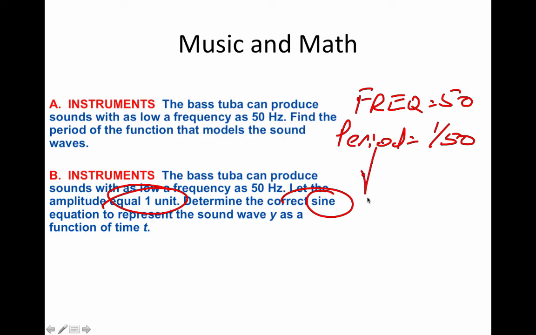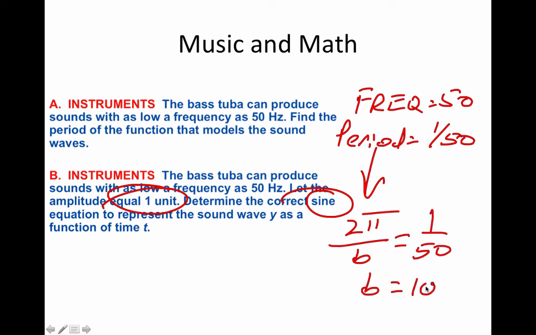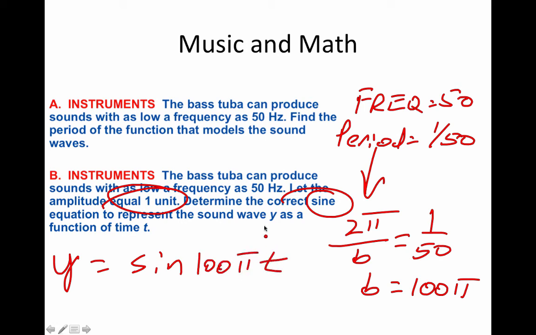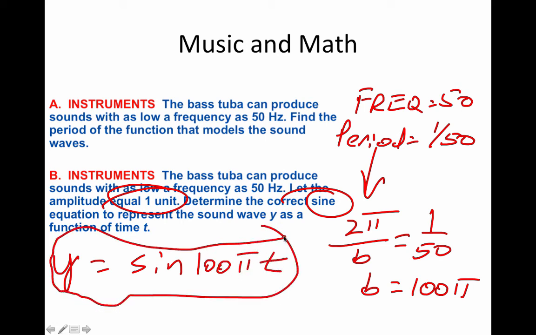Now I have to say, well, period is equal to 2 pi over b. All the word problems have to use radians. And it's 1/50th. Cross multiply. B is 100 pi. B times 1 equals that. Y equals sine 100 pi t. There you go. There's your sine curve.